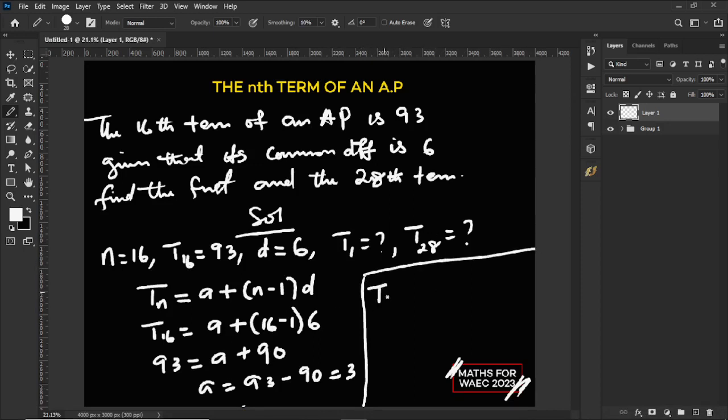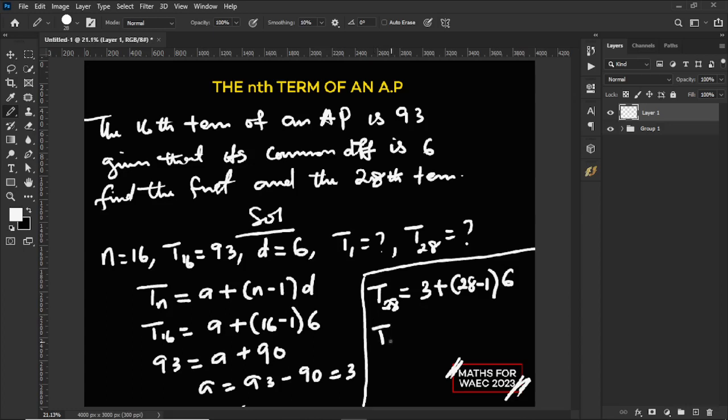So since we've gotten the first term, we can get the 28th term. So we have T28 equal to our A, which is 3, plus 28 minus 1 multiplied by D, and that is 6.